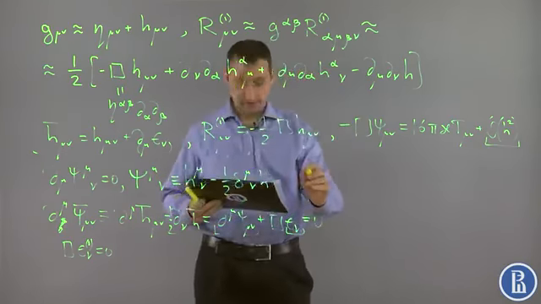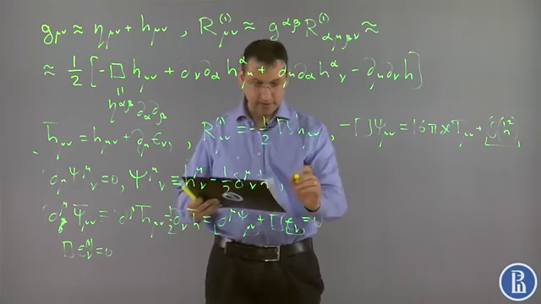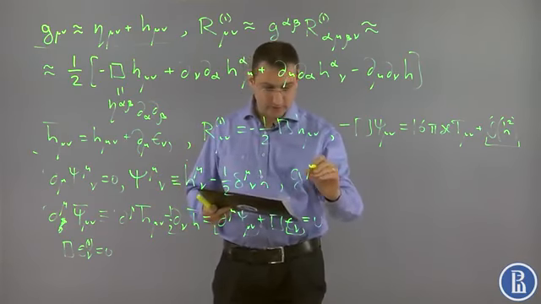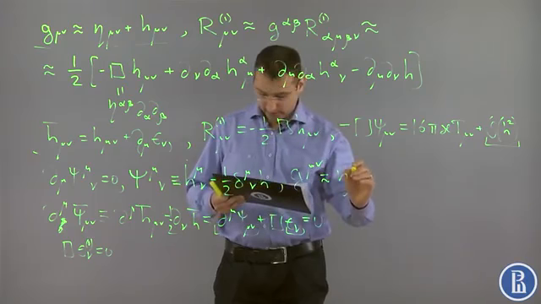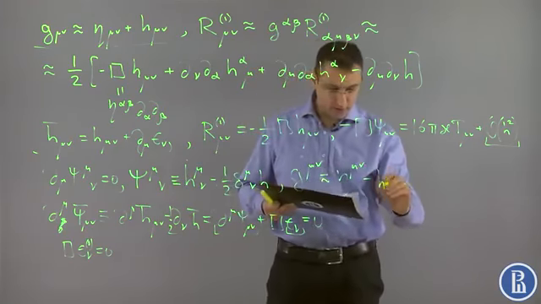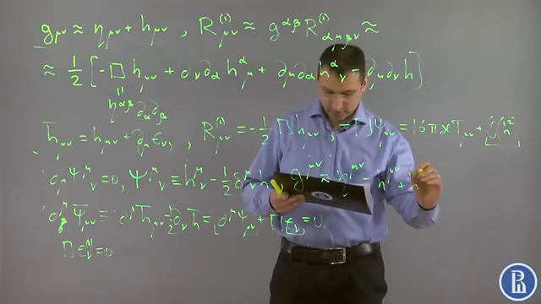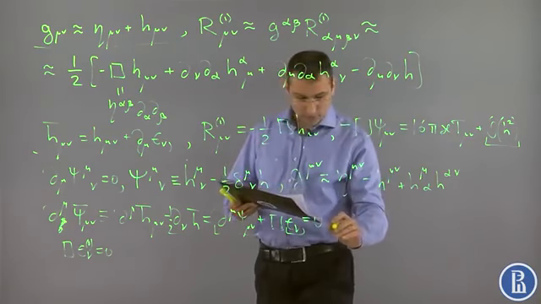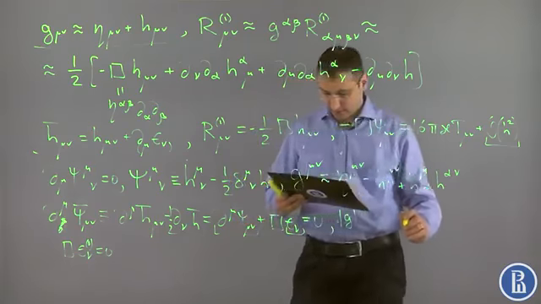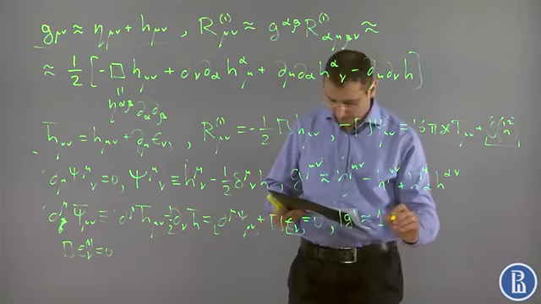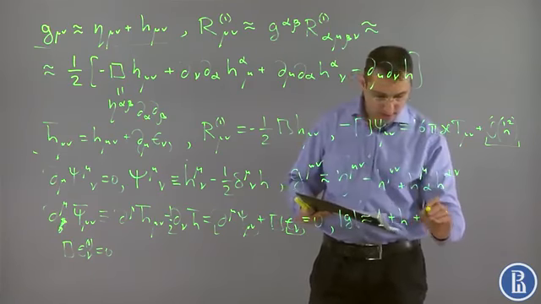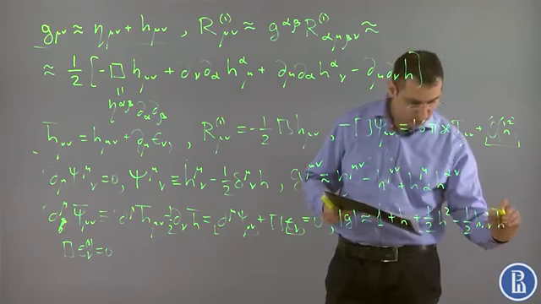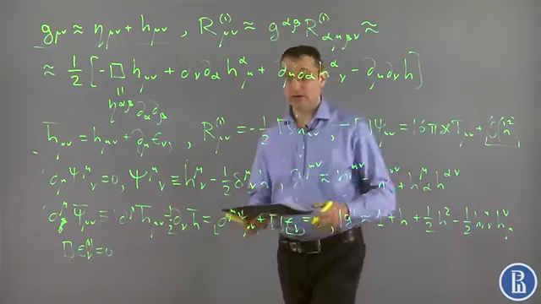At the second order, the tensor with upper indices is eta^mu nu minus h^mu nu plus h^mu alpha h_alpha^nu. Also, the modulus of g at this order is approximately 1 plus h plus 1/2 h squared minus 1/2 h_mu nu h^nu mu.